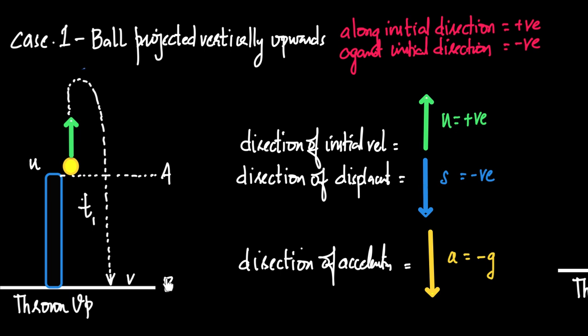Displacement, which is final position minus initial position, b minus a, is below the initial position, so it is taken as negative. Acceleration due to gravity will always pull the object towards the earth.